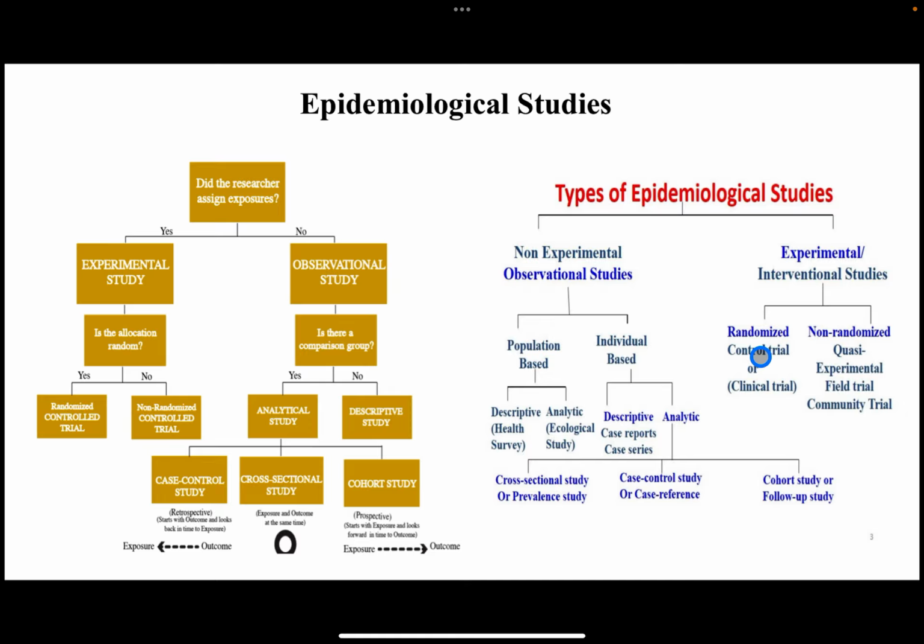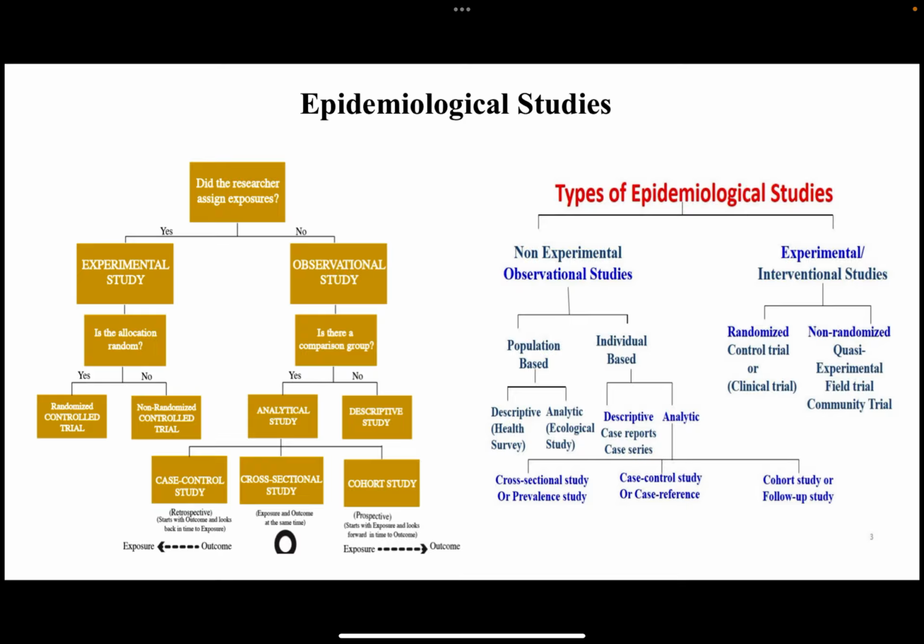Now, we can do another experimental study where we just select people to form the groups using a convenient approach. No randomization, chances will not be allowed. Such a study is called a non-randomized control trial. It's also experimental, but non-randomized. What is making it non-randomized? During the creation of the two groups, we didn't employ randomization.